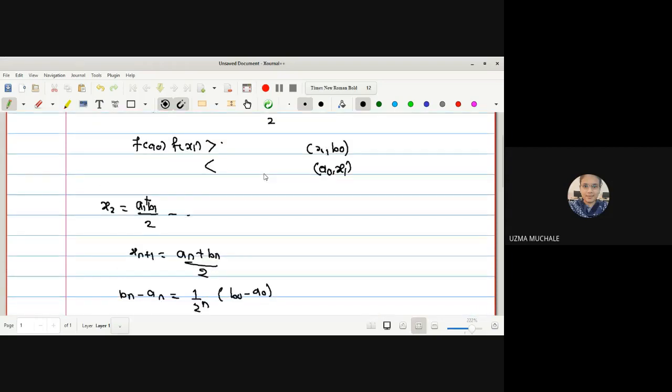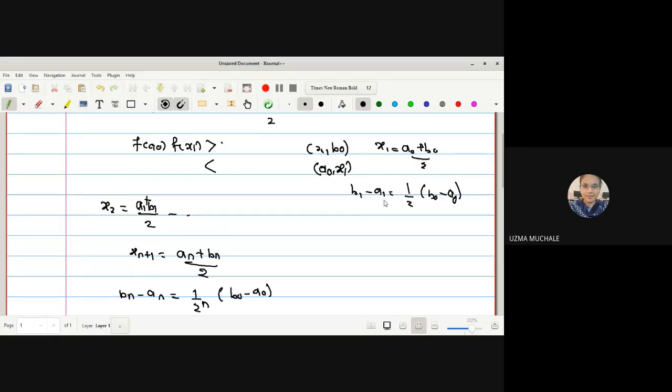Suppose you have found x1 equal to a1 plus b1 divided by 2. Similarly, we have b1 minus a1 is nothing but 1 upon 2 into b naught minus a naught. Why is this so? Because we are bisecting the interval. What do you mean by x1 equal to a naught plus b naught divided by 2?